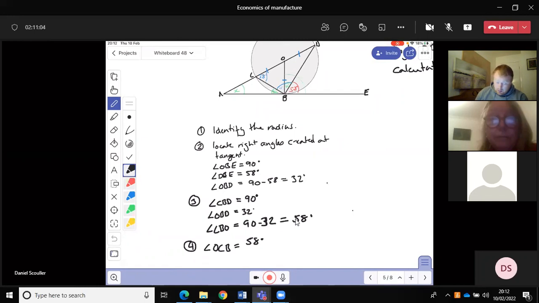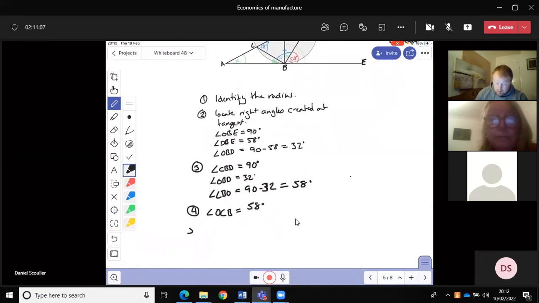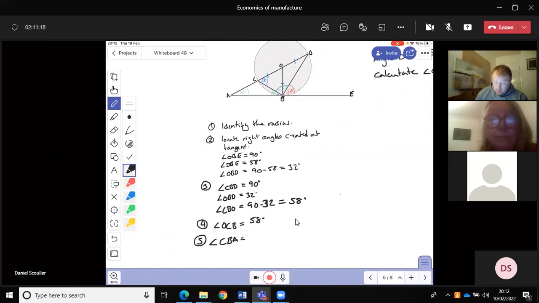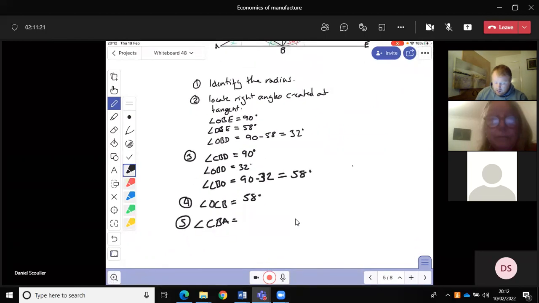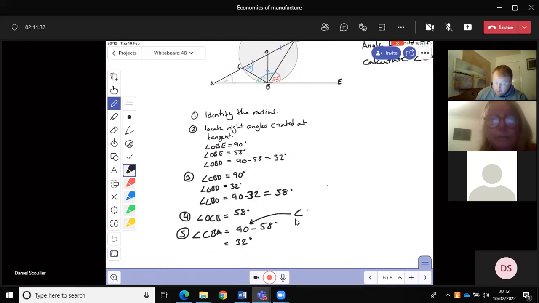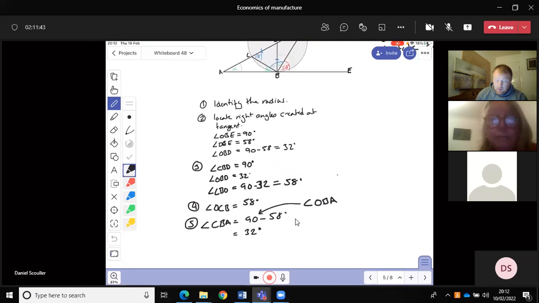The next thing I did was work out angle CBA. Knowing that OBA is 90 degrees, I could do 90 minus 58 is 32 degrees. Okay, so I missed out a step there. That 90 is angle OBA, and that's created with the radius hitting the tangent.